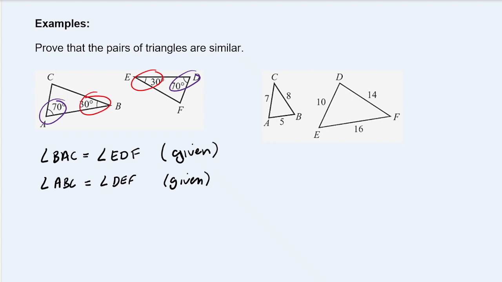That is also given. Therefore, triangle ABC is in fact similar to triangle DEF because matching angles are equal.